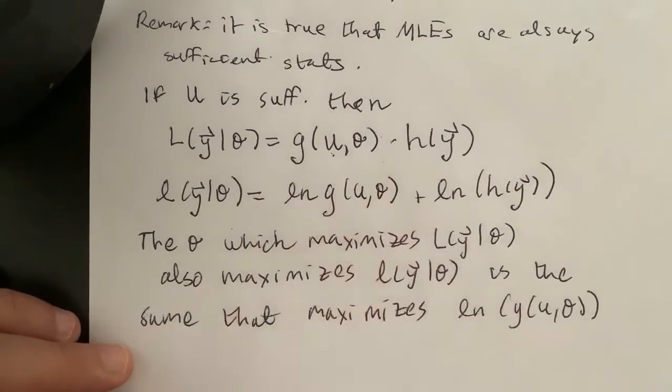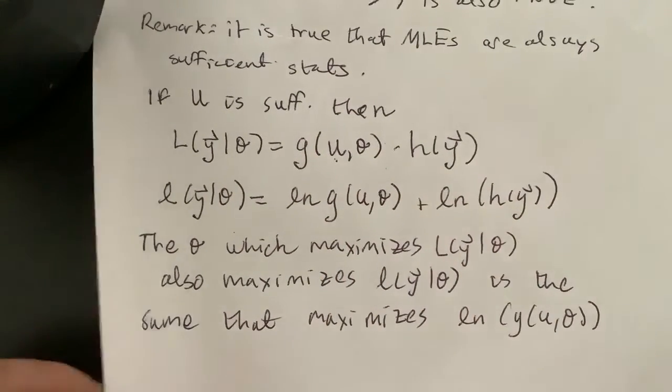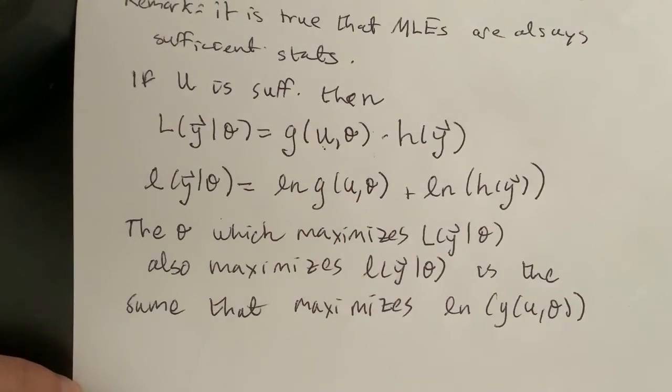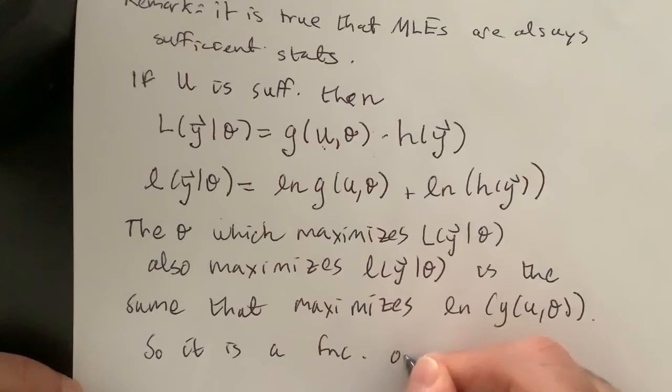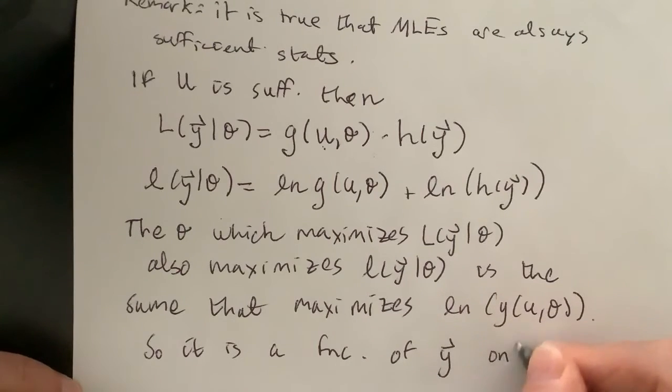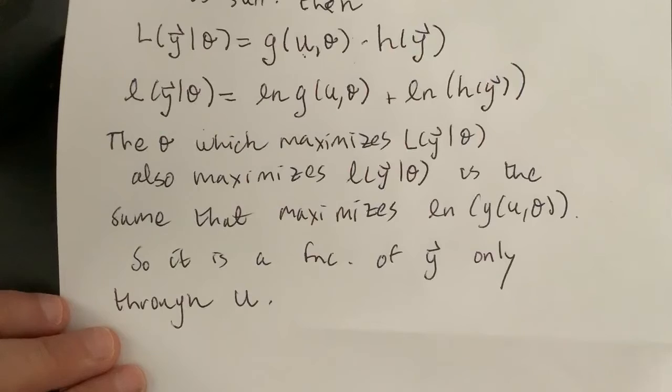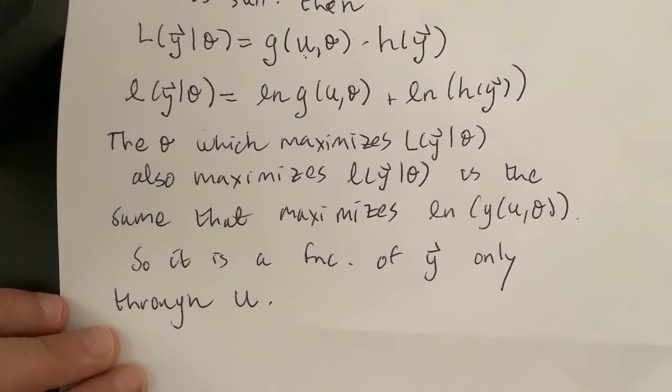So in other words, I can throw away this term and just try to maximize g(u, theta). It is a function of y only through u. Okay, so this is just something to note. When you do this and you see MLEs, you can say, well, that's a sufficient statistic.